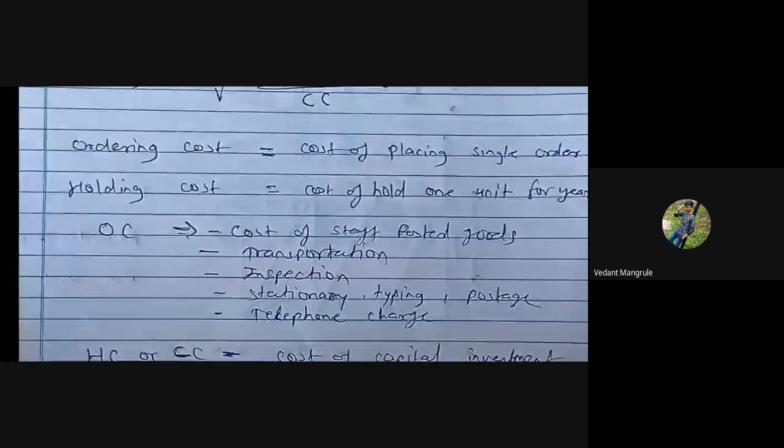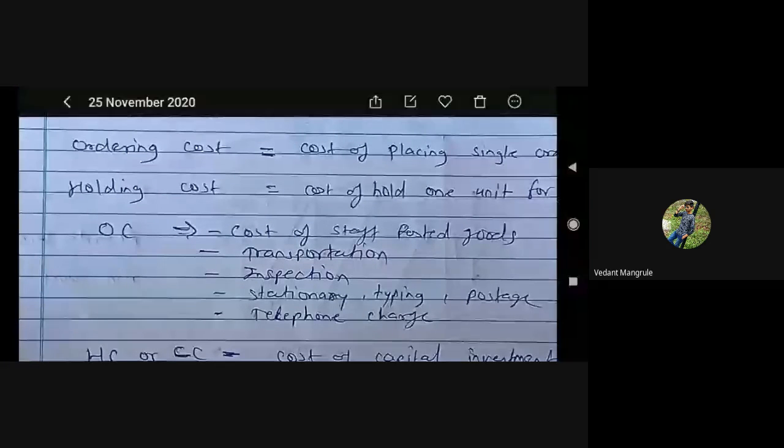Suppose 50,000. This is the ordering cost, and a transportation cost is there. Ordering different consumables online: suppose I have purchased one mobile from an online shopping site, Amazon, Flipkart, a lot of sites are available. There, one amount is extra added. What is that amount?